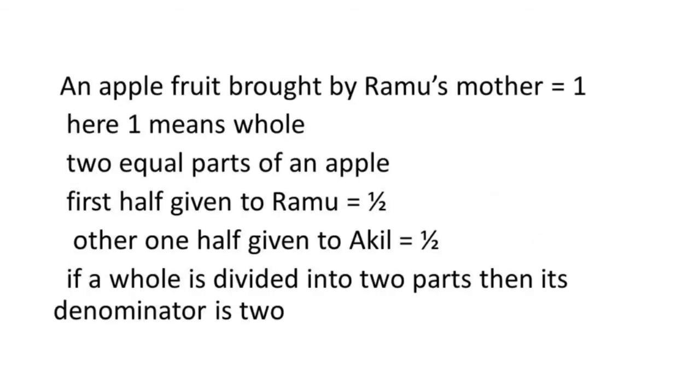The apple brought by Ramu's mother is equal to 1. Here 1 means whole. 2 equal parts of an apple. First half given to Ramu, another half given to Akhil. If a whole is divided into 2 parts, then its denominator is 2.